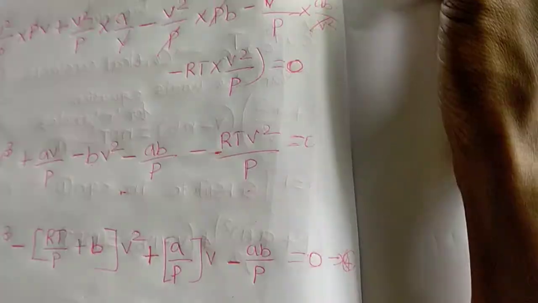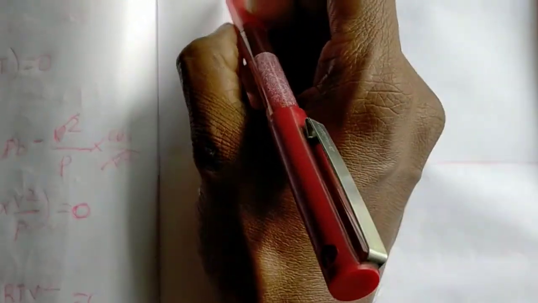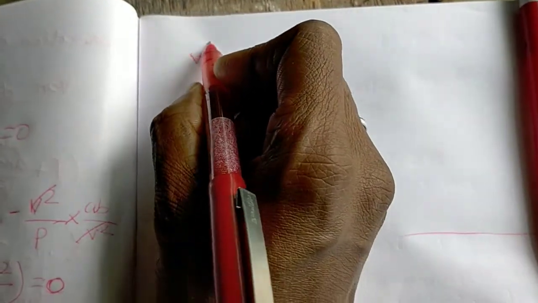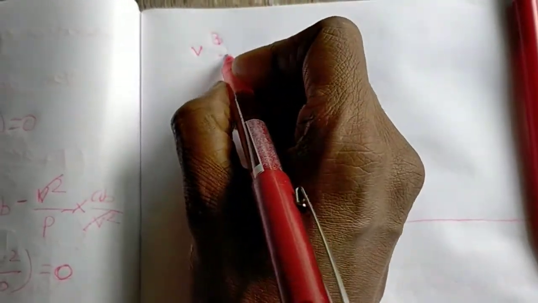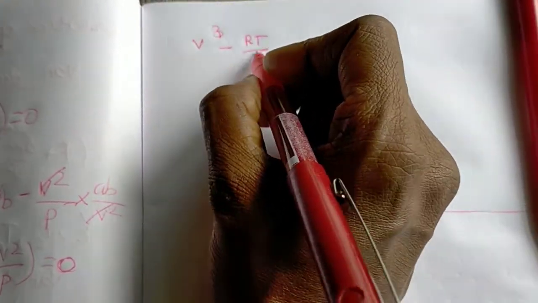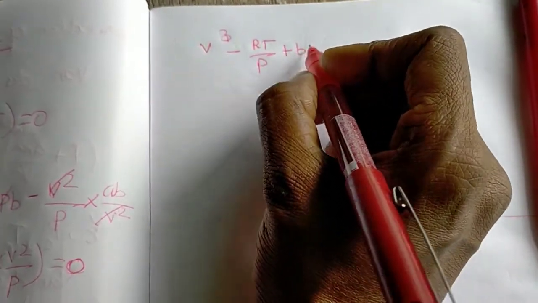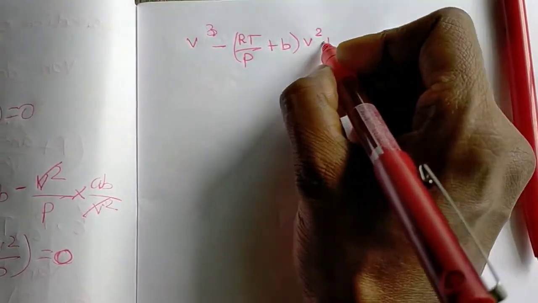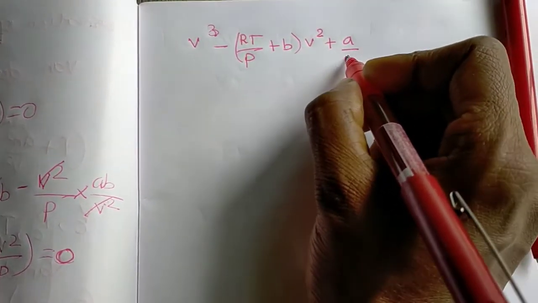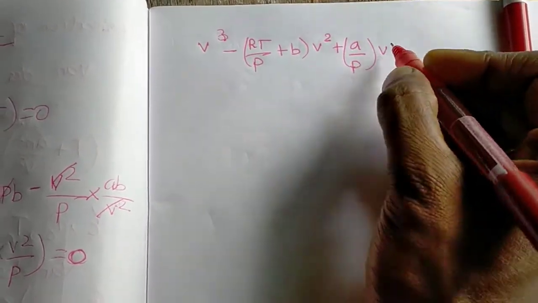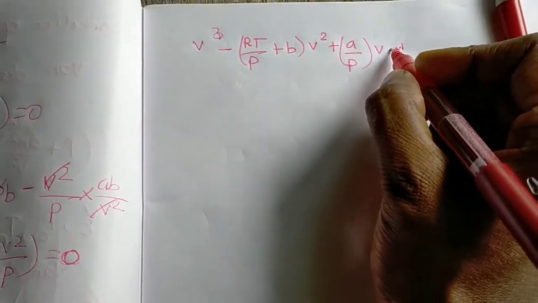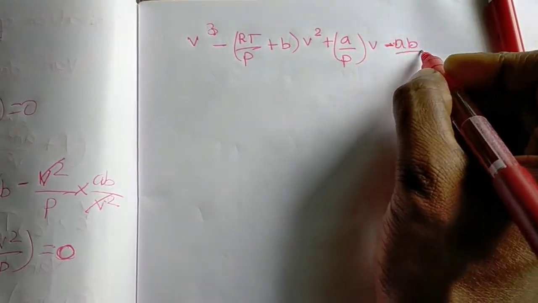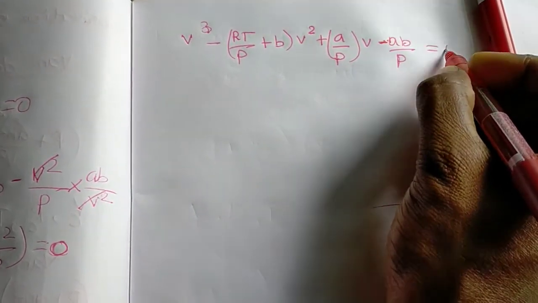Write equation number 4: V cube minus (RT divided by P plus B) into V square plus A by P into V minus AB by P is equal to 0.